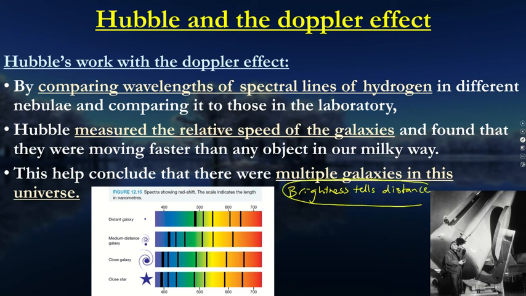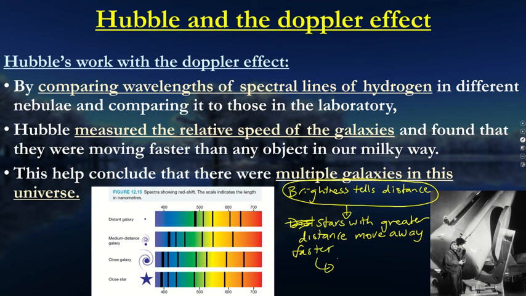We also know that stars with greater distance move away faster, and we know that because the Doppler effect shows a bigger redshift.